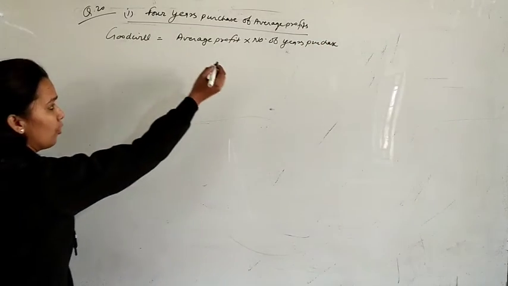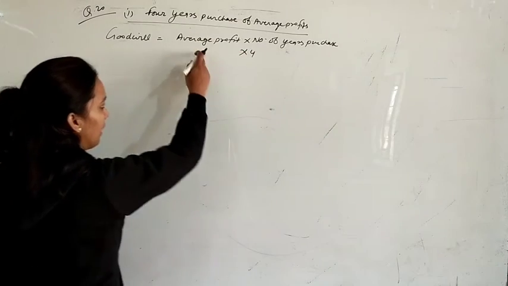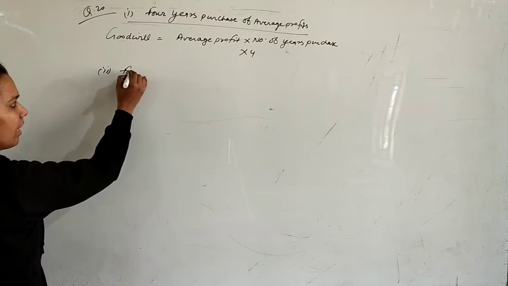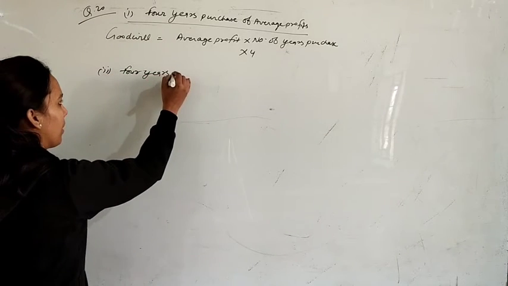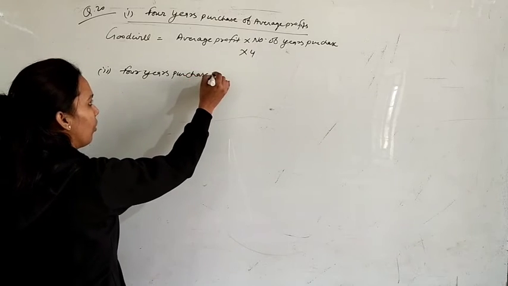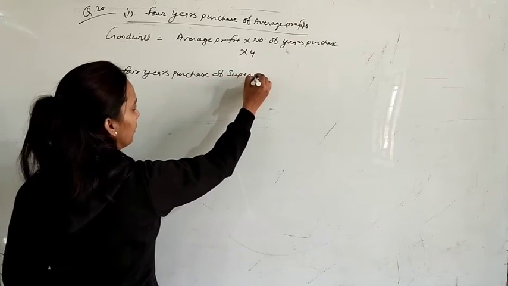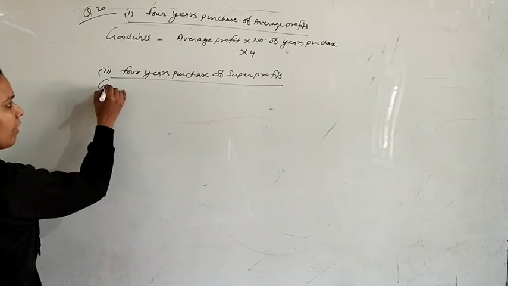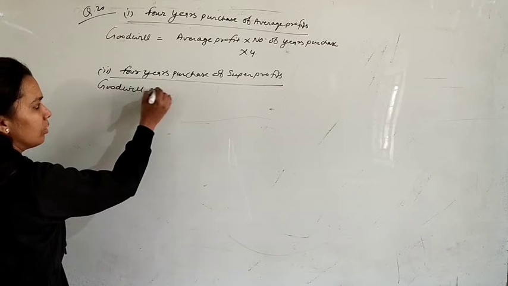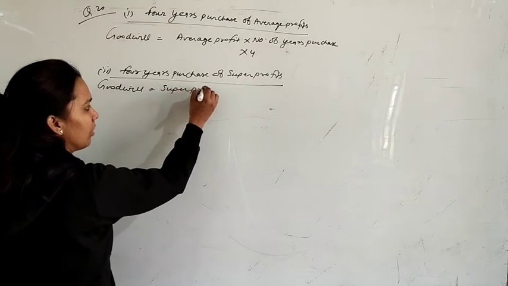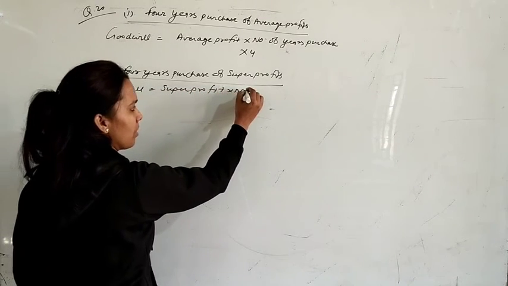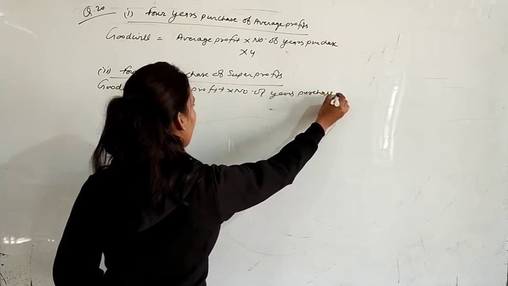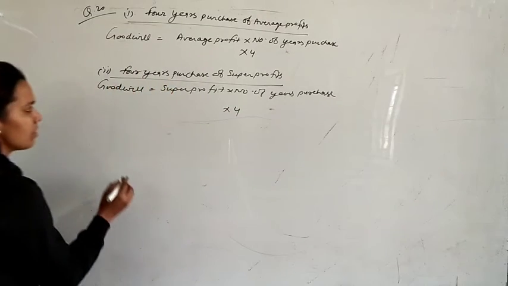Okay, that is 4 years purchase. So write down here 4. Leave the column for average profit. We will find this in working note. Write down the second one, that is 4 years purchase of super profits. So in this also we will write goodwill equals to super profit multiplied by number of years purchase. Number of years purchase, that is same, 4 years.